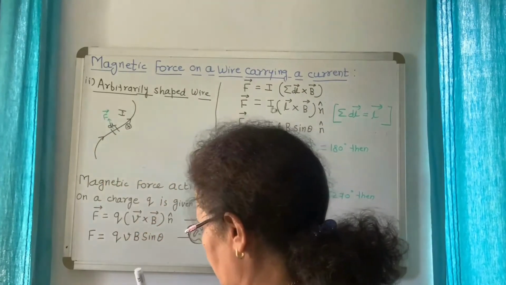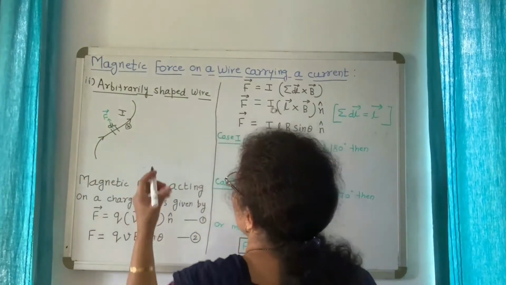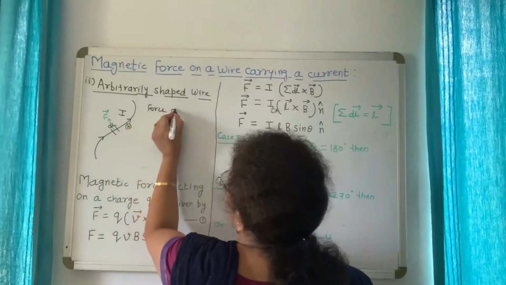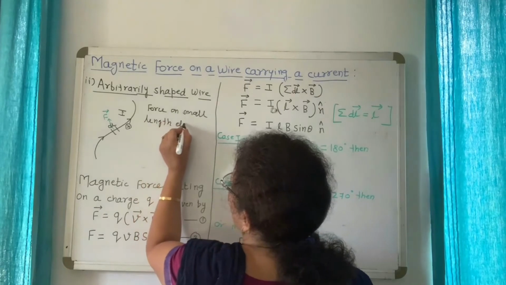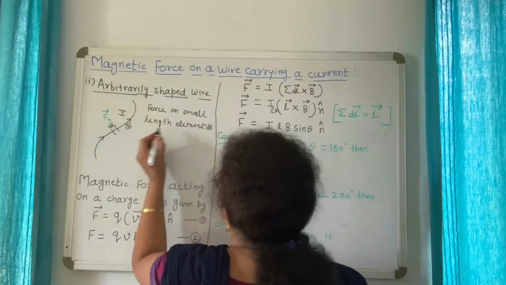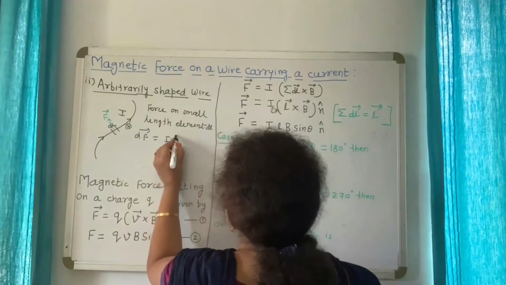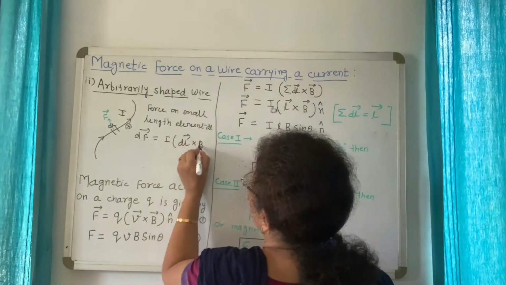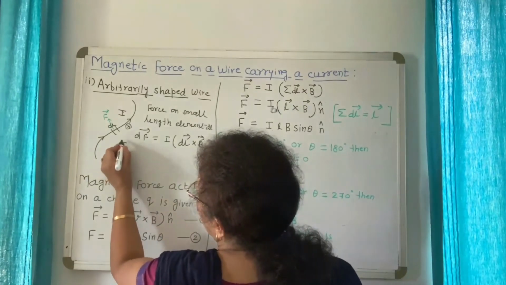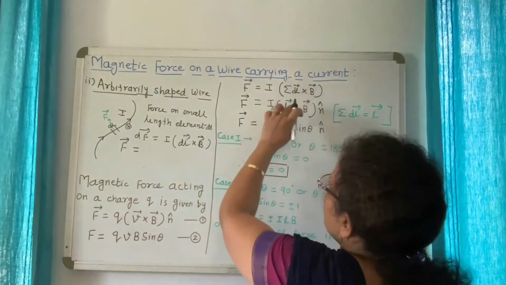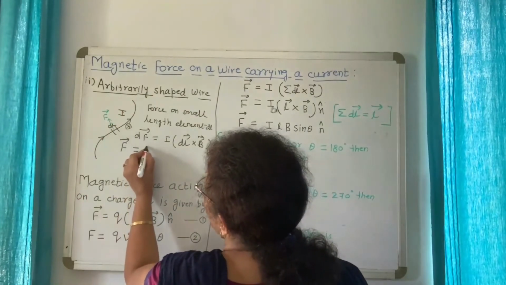So using the same equations, you can write the force on the small length element dl as dF is equal to I into dl cross B. Now the total force acting on the entire wire is F. This summation converts into integration, because it is an arbitrarily shaped wire.